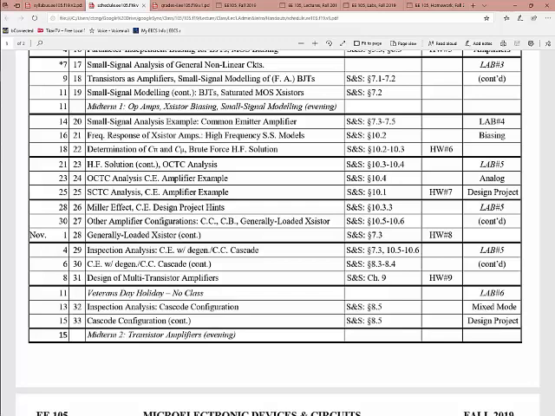These labs are structured from labs 1 through 4, but lab 5 and 6 are open-ended labs. They're design problems. Think of them as projects, not labs. You'll be given a spec, and you're going to have to use your knowledge of what you've learned in this class to meet those specs.